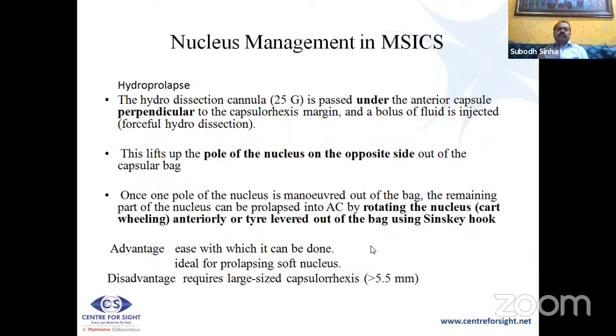For an immature cataract, cortical cataract, or when advanced sclerosis of the nucleus is not there, it's a very easy technique and very ideal for this kind of cataract. But the only thing is that you require a large-size capsulorhexis.